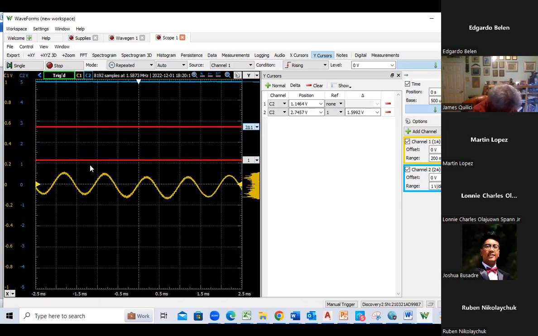Let's see, brown, red. Where's my 120s? Brown. This might be it. It could be it.